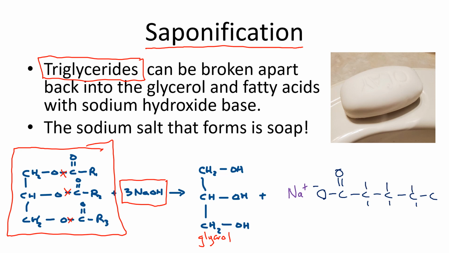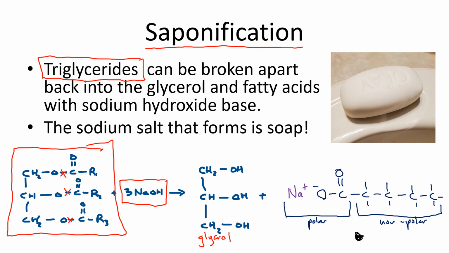The reason why these things work so well as soaps is because this whole end here is all non-polar, and it will be attracted to dirt and oils, right? And this end here is very polar, and it'll be attracted to water. So if you have a blob of dirt, let's make my dirt black.